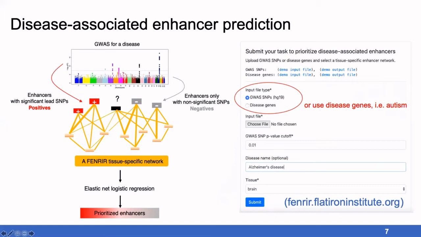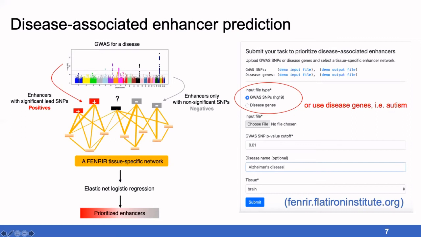But if we have so many enhancers, a lot of them actually don't have any GWAS overlap, so I treat it as a black box. Using this machine learning framework, we check if an enhancer is interacting with other enhancers more similarly to the negative ones, or more similarly to the positive ones. Then we assign a probability for each enhancer, denoting how likely it is associated with a disease.